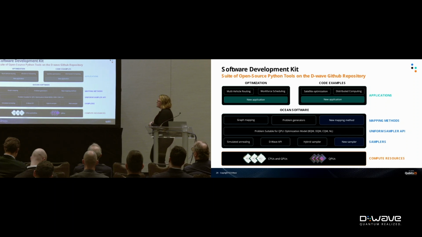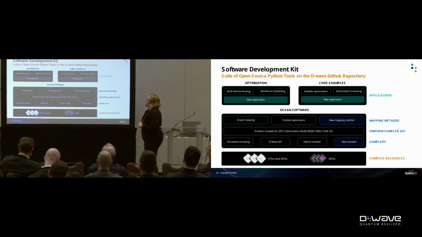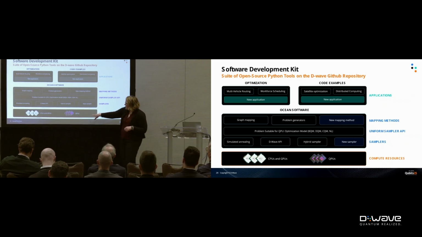And the code to do that lives in our Ocean software development kit. So at the very bottom of our stack, we have our hard compute resources. What we've built on top of it, well, what Alex's team has built on top of it, and our other software development groups, are these ways to kind of connect to those resources.